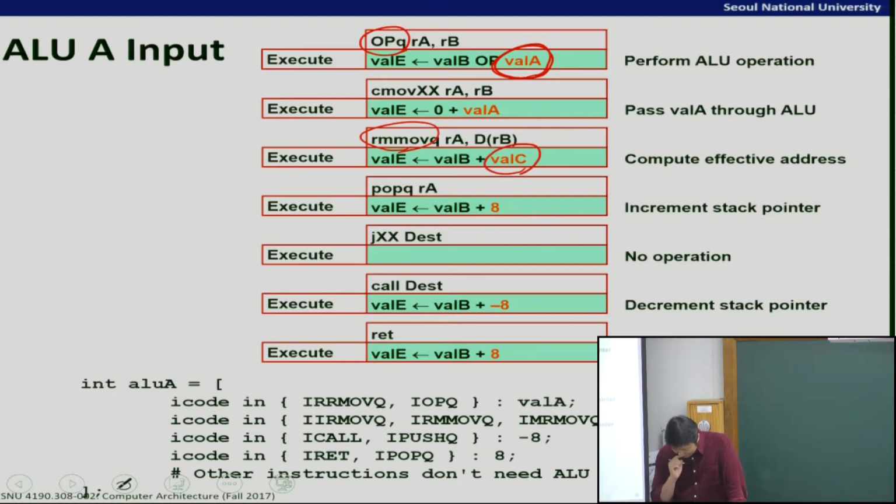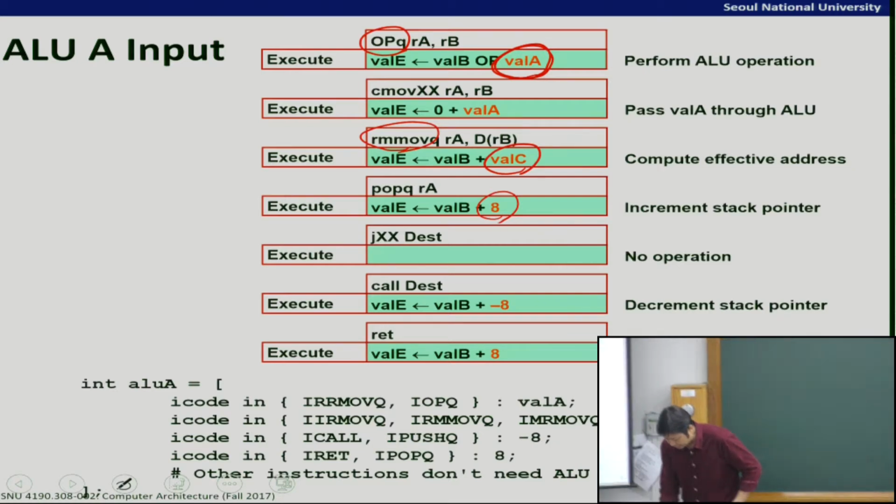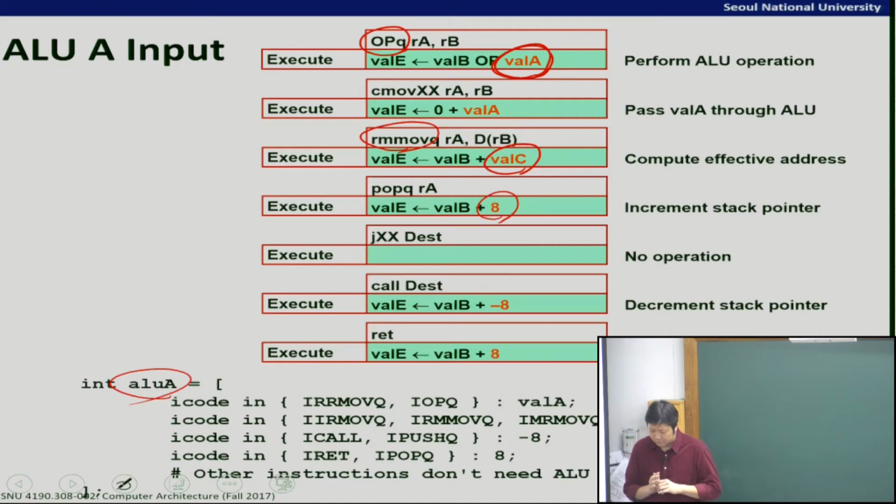In the case of push or pop, you need a different value, a constant value. There are different selections depending on different instructions, so you provide all these selections and then select one of them depending on the actual instruction type. This is how we select the first input to the ALU.